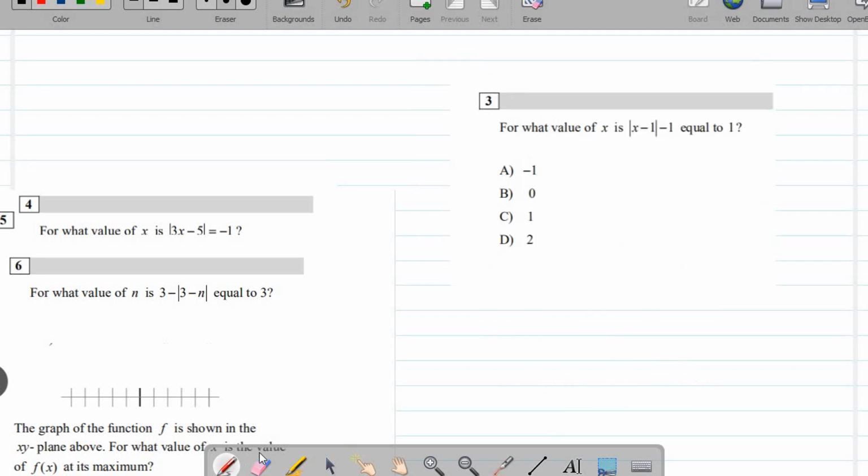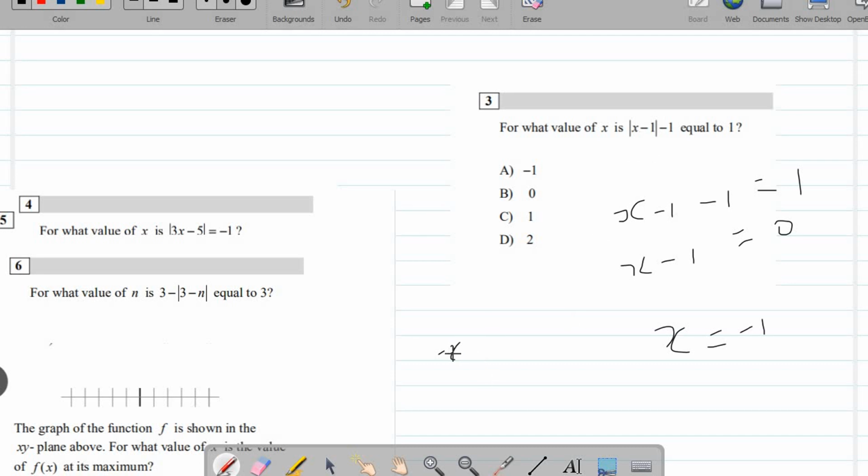Next, here we say for what value of x is the absolute value of x minus 1 equal to 1. So we're just going to do that by x minus 1 is equal to 1. For the first value here, we have x minus 1 is equal to 1, minus 1, which is 0. So x equal to minus 1. Another one is equivalent to minus x minus 1.